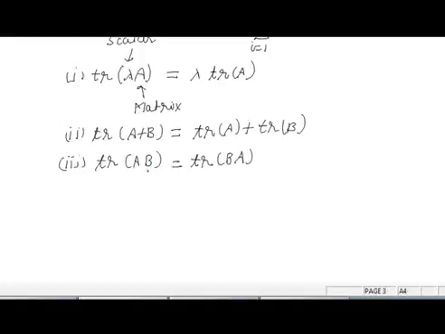One important thing to note here is that the product of two matrices AB may not be equal to BA, but the traces of these two matrices will be the same.